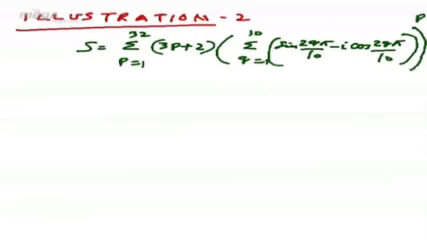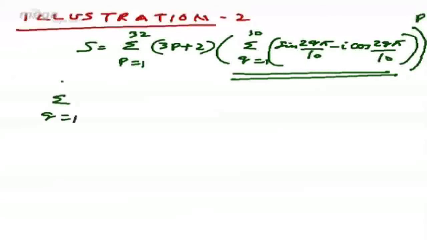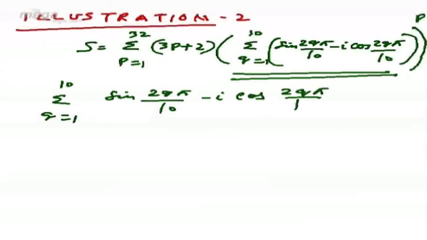As we have done in the previous problem, the inner bracket has the same concept. Now if we solve this bracket, summation of q equals 1 to 10 of sin(2qπ/10) minus i cos(2qπ/10), we multiply by i outside the bracket and divide by i inside the bracket.